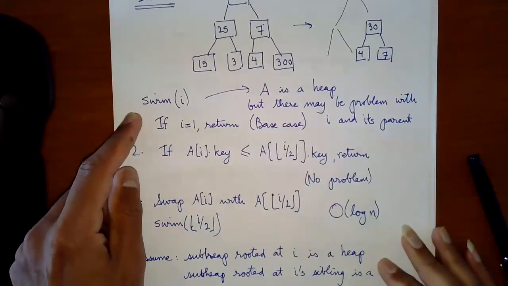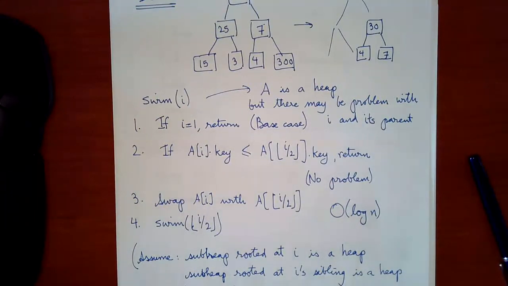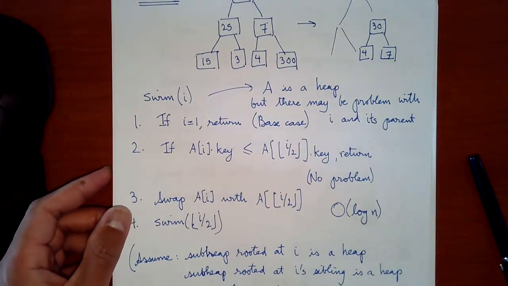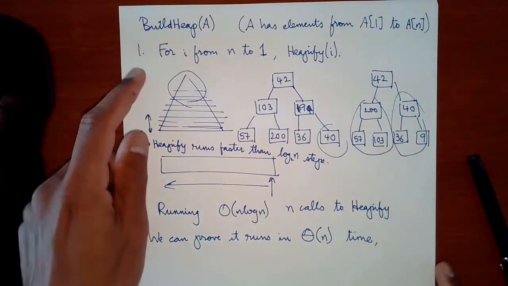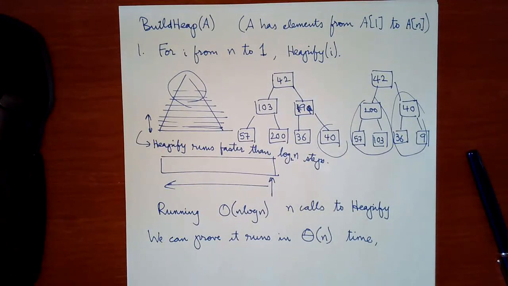That is fixed by the swim operation. And if you put it together, then you can do all the operations in logarithmic time. Heapsort is an O of n log n time algorithm that does sorting. And an additional nugget is that a heap can be built in linear time, faster than n log n, by doing Heapify in this opposite order.